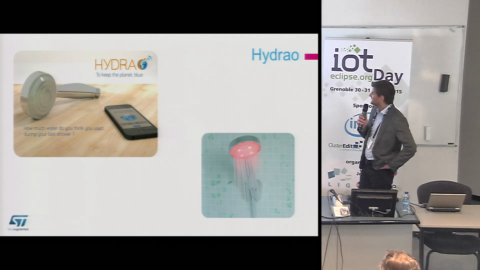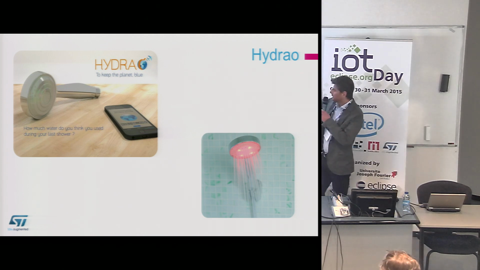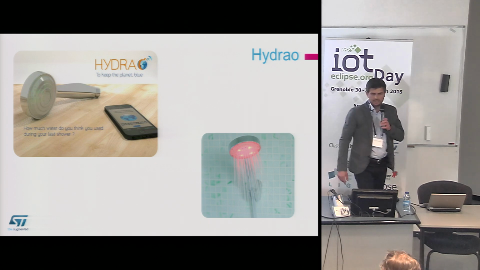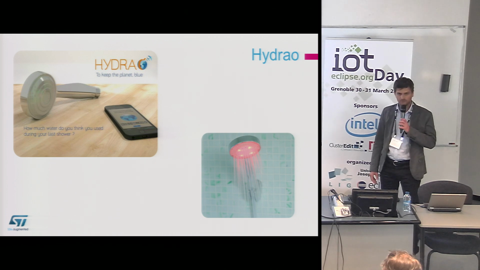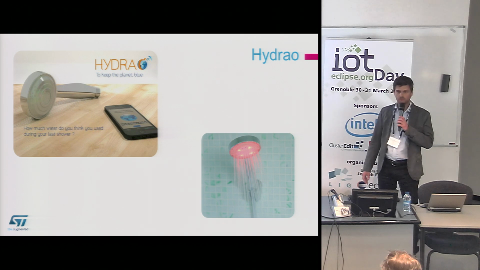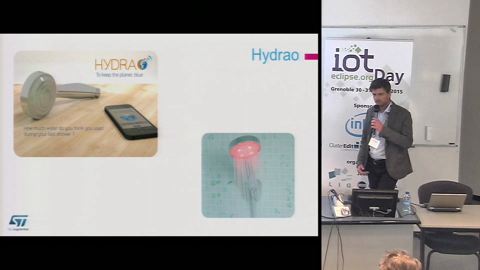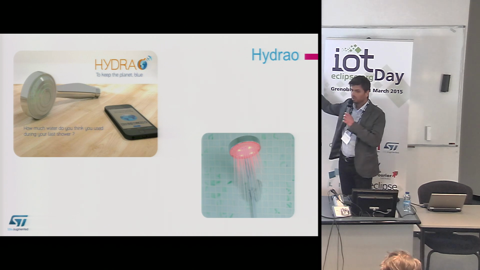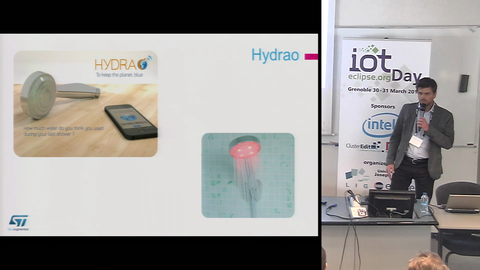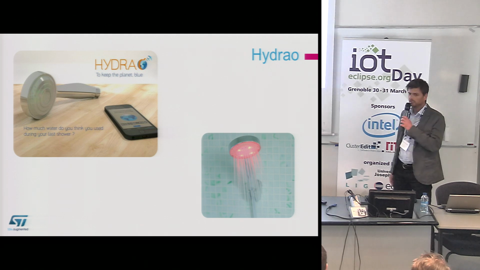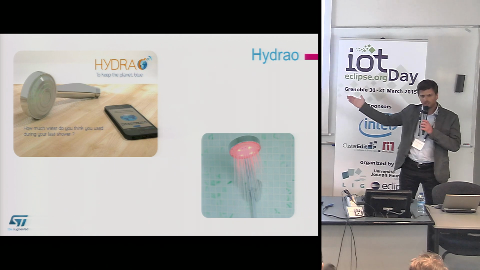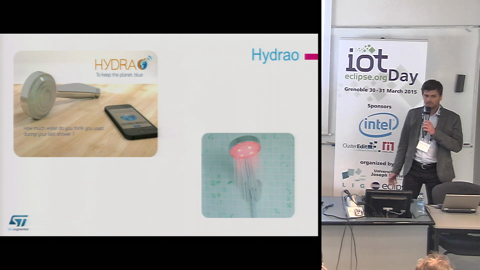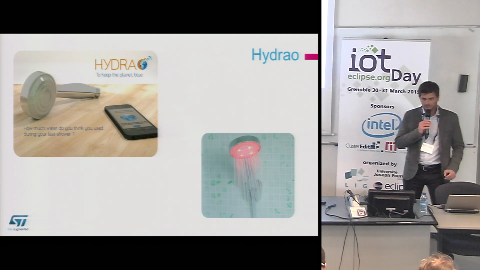He's putting a kind of turbine inside the shower, and this turbine makes electricity and counts the flow of water. Then you have a light, and the light changes depending on the volume of water going away. Here it is red, which means you have already gone over, let's say, 20 liters or something like that. Quite a simple idea, quite a bright idea, and now it's working, and he's starting to develop his product.